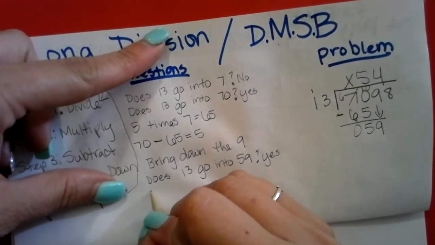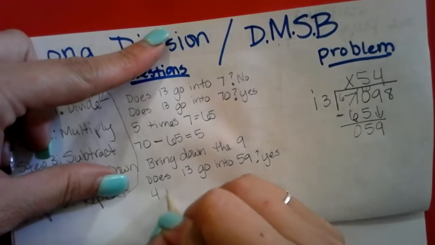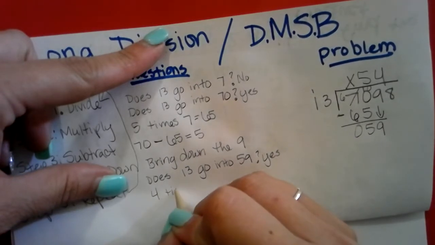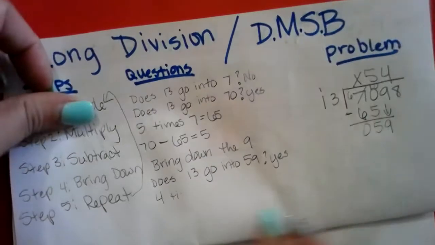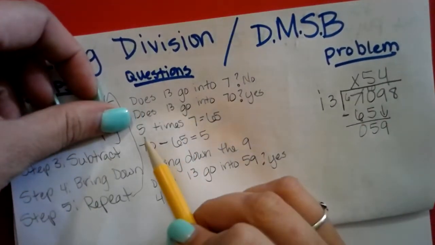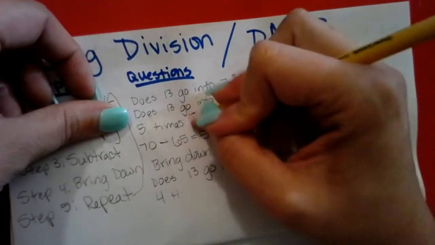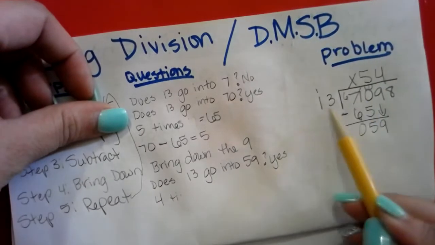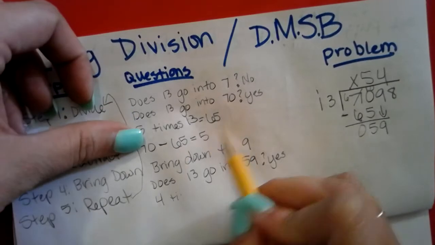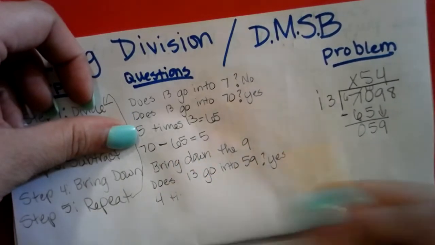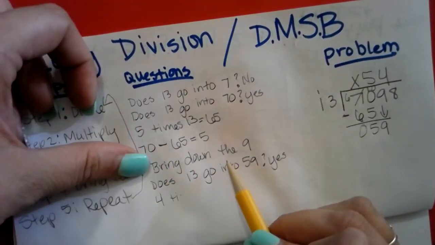I just realized I wrote something wrong a while ago. 5 times, not 7. 5 times the 13 equals the 65. So correct that, okay? And then 70 minus the 65 is what I subtracted. Then I bring down the 9.